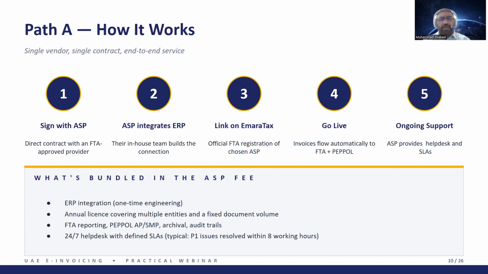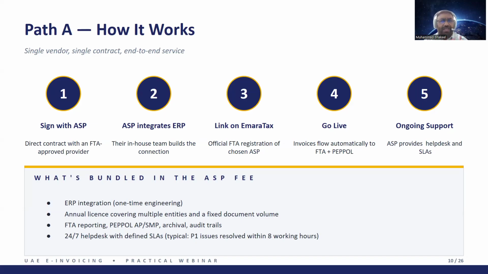But when you are selecting the ASP, first of all you have to check which ASP will suit your system, your ERP system, whether you have Odoo, QuickBooks, SAP, Zoho, or Oracle.